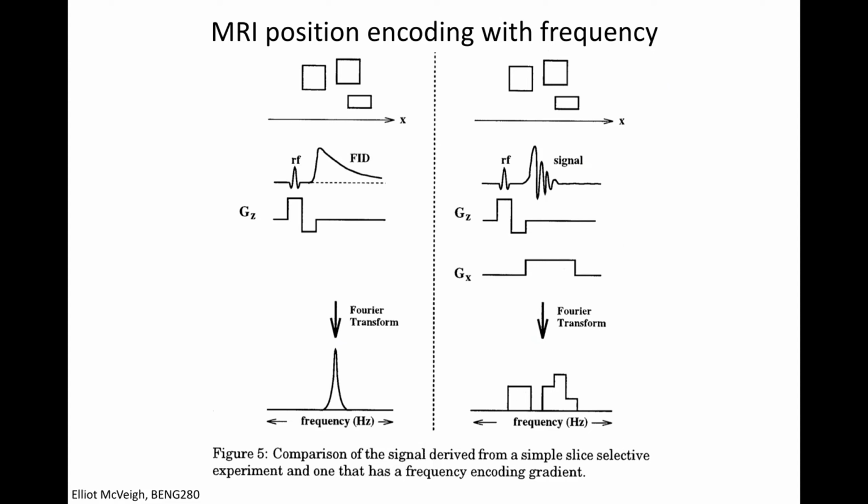immediately, if you think back to CT, we know we can make an image, right? Because if you can make a projection through the sample, you can make an image. And so we could just change the direction of this X gradient into a different direction and make another projection in that direction, like this.